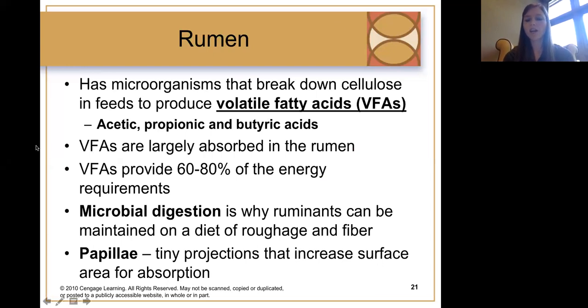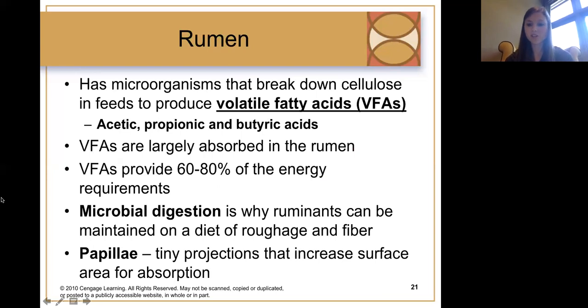The volatile fatty acids are largely absorbed in the rumen, and like I said, it's really efficient because the rumen is the first site once the food gets there. So you still have the whole rest of the tract, and they're already absorbing these volatile fatty acids. Volatile fatty acids can provide 60 to 80% of the energy requirements for the animal, which is pretty huge. So those microbes in the rumen are extremely important.